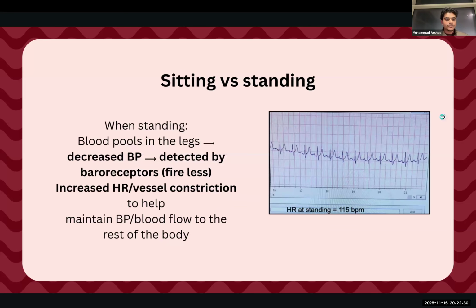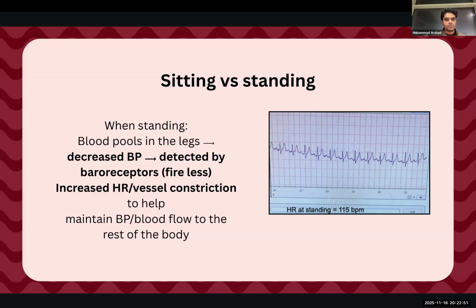Now, the other scenario that your doctor asked you to experiment on is sitting versus standing. So when you're standing, blood is going to pool in the legs, and that's because of gravity, right? So if you stand up, all of your blood is going to go down, and it's going to pool in the legs due to gravity, and that means that you're going to have a decrease in blood pressure, right?